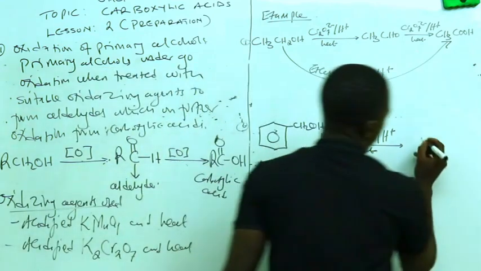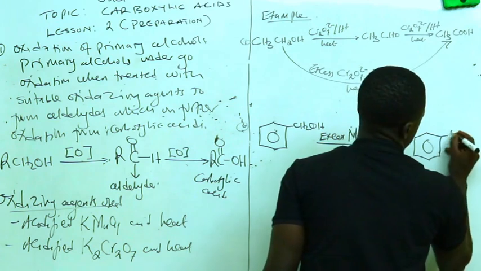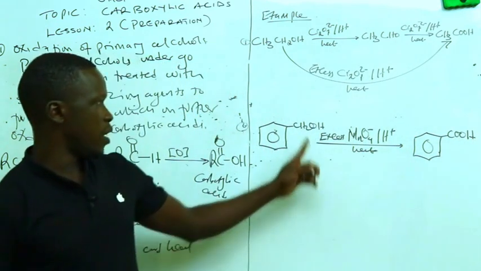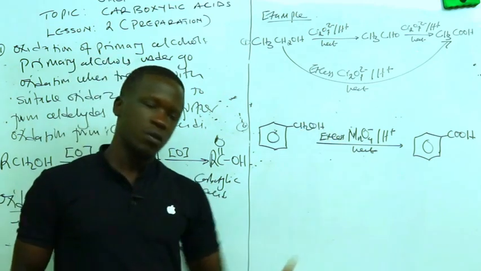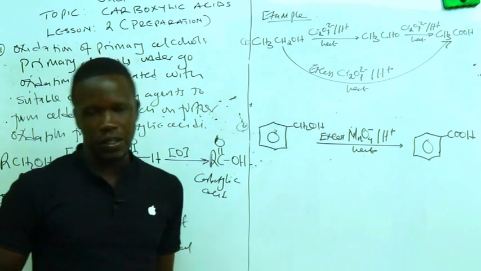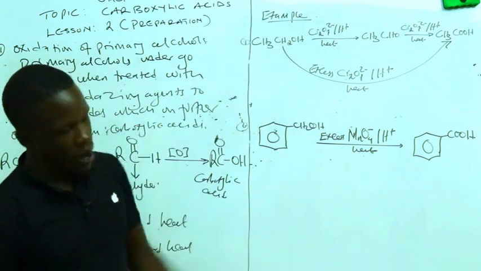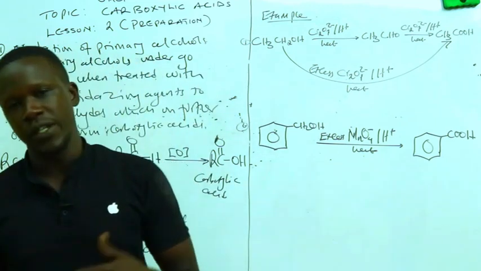We could form a compound called benzoic acid. The removal of the two hydrogen atoms and this hydrogen atom, that is complete oxidation if we use the excess of the potassium permanganate. So this is one way that we can really use to prepare carboxylic acid.